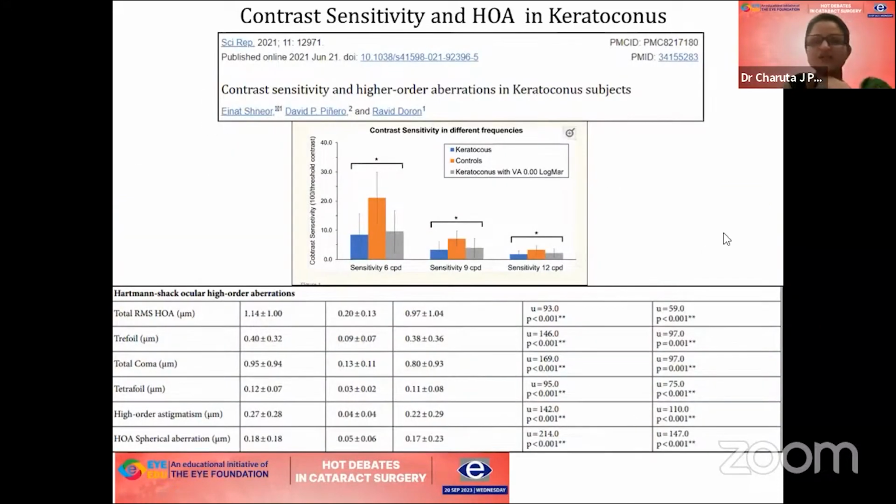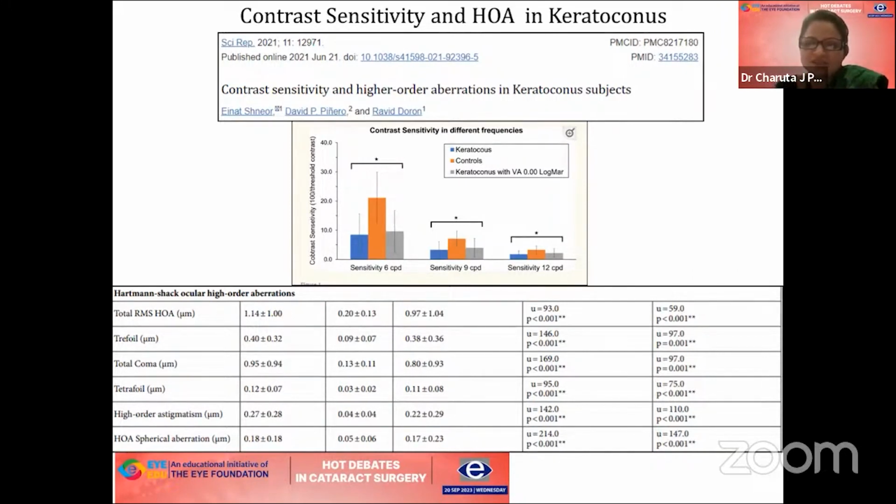Another interesting, I was searching for some interesting data, that is in keratoconus, what is the contrast sensitivity or higher order aberrations. And this is a group, Sneer et al., who have assessed correlation between wavefront aberrometry and contrast sensitivity in patients with keratoconus. And they have also sub-analyzed patients with keratoconus having 0 logMAR. So there were significant differences between groups between higher order aberrations for trefoil, total coma, and spherical aberration.